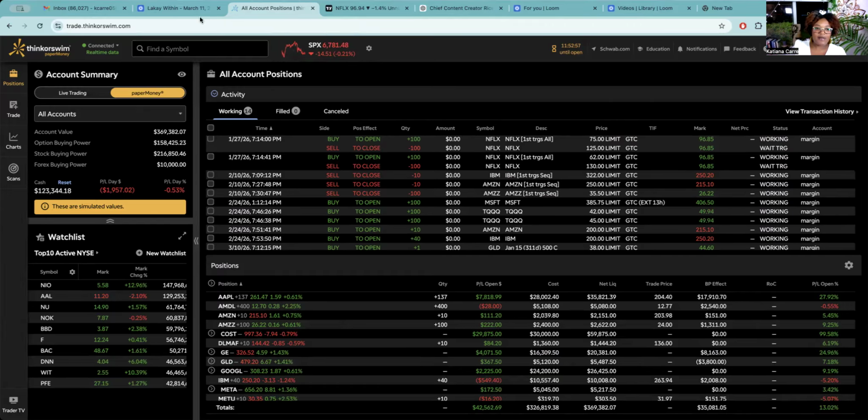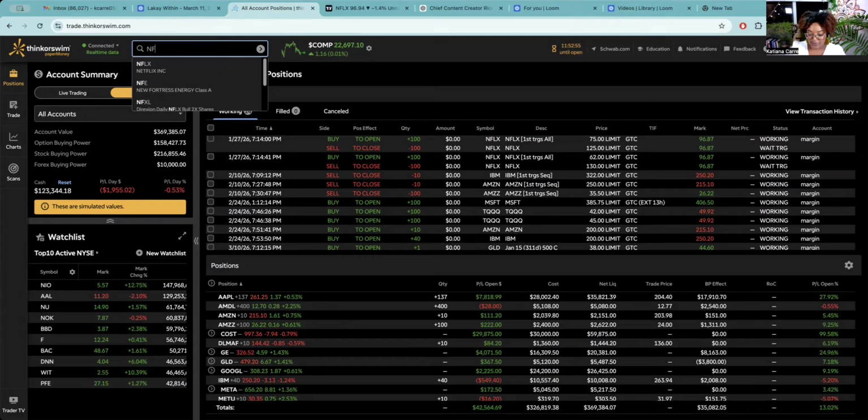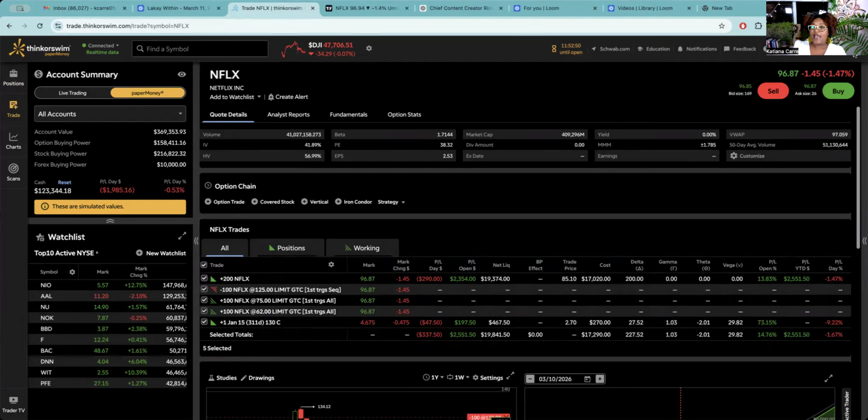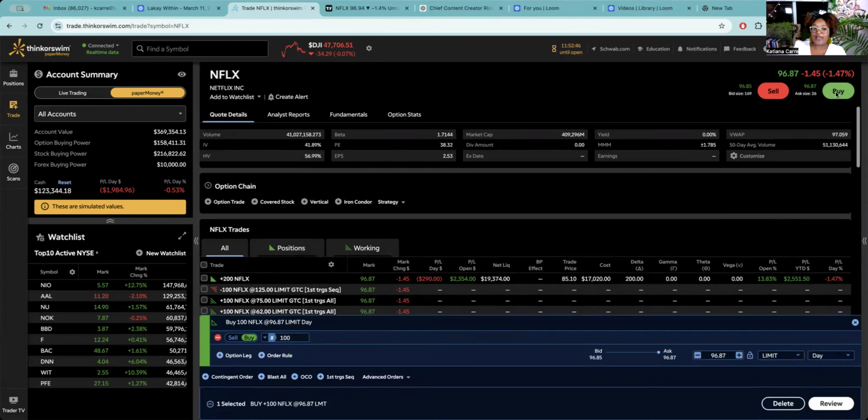So the first thing I'm going to do is search for Netflix and click on it right here. Then I'm going to click on the buy button and tell it how much. Essentially, you're telling your investment account, the robot, the algorithm, to automatically do this for you.